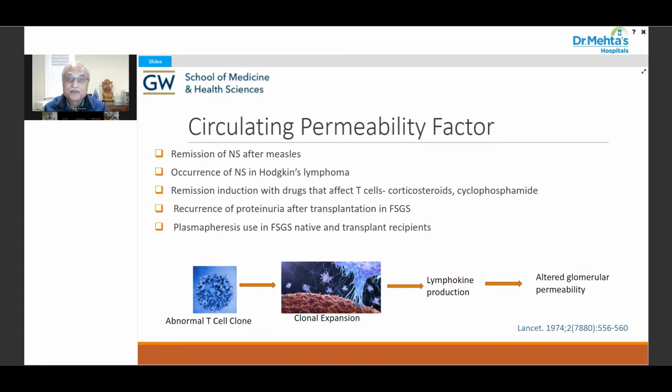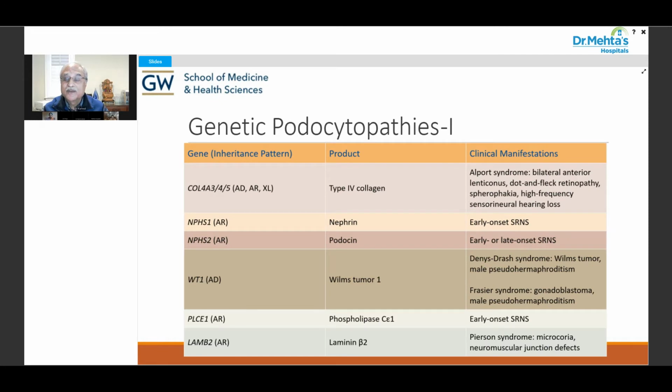Now, genetic podocytopathy, this is a critically important piece that clearly has bloomed in the last 20 years. But from a practical perspective, there are only 6 types of genetic versions that you need to be really worried about. One is the Alport syndrome, collagen defects.